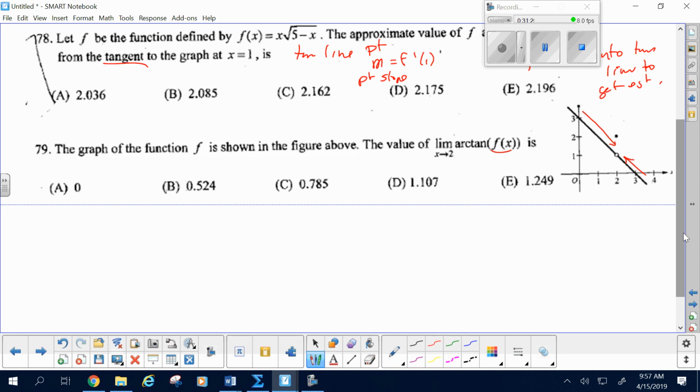Does the y value approach 1 or 2? 1. Limit is approach. And so this is the arc tangent of 1, which is at what angle is tangent 1? That's pi over 4. Okay? So that I feel like was not something you should have missed.